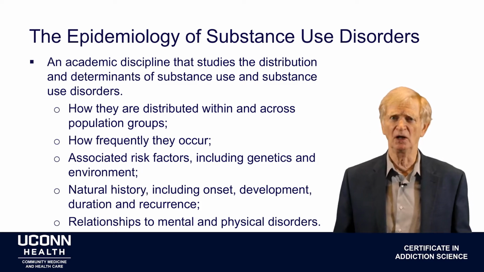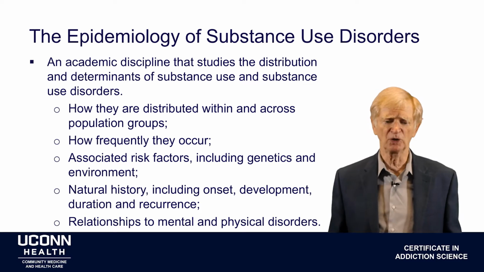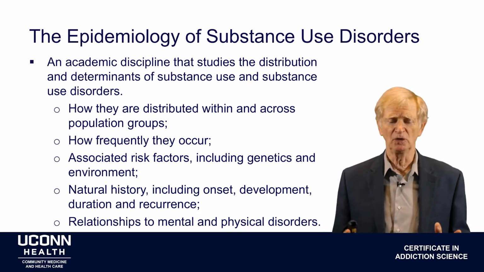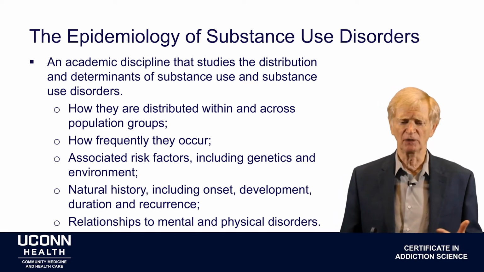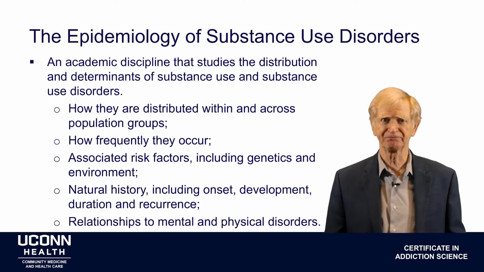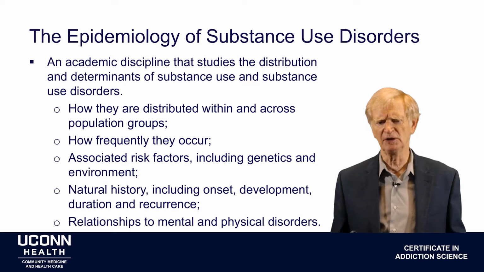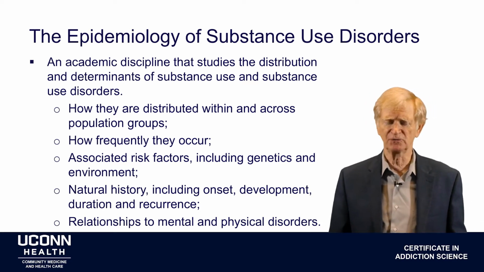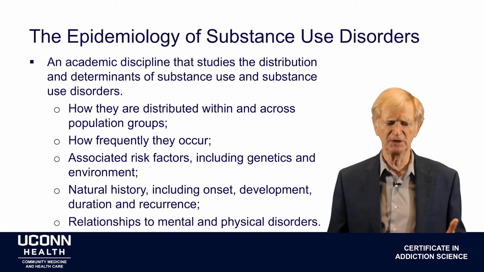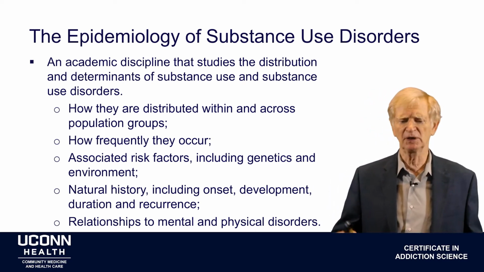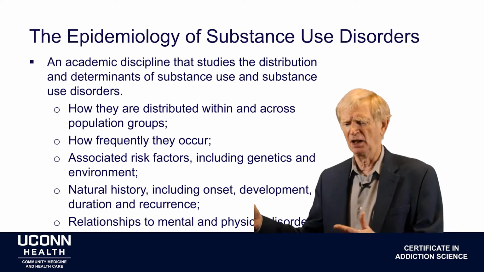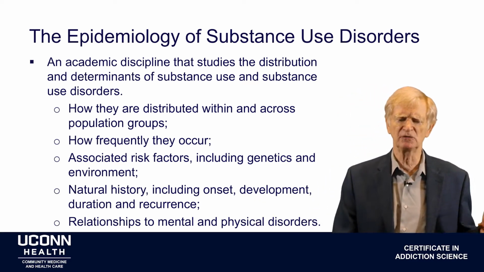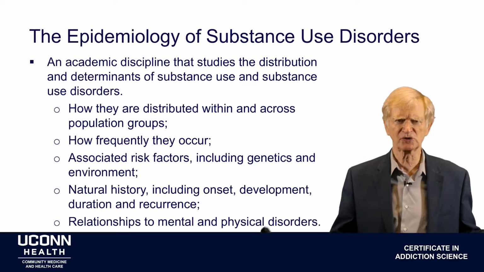In the case of substance use disorders, we're talking about psychiatric conditions. And one condition is alcohol and drug dependence or addiction. So what we're interested in epidemiology is finding out how they're distributed across different population groups, males and females, African Americans and Hispanic Americans, Europeans and Russians.